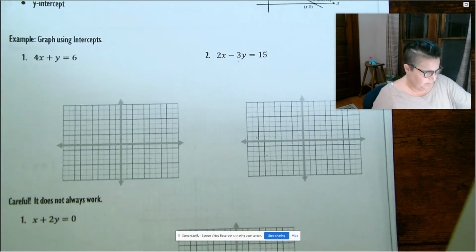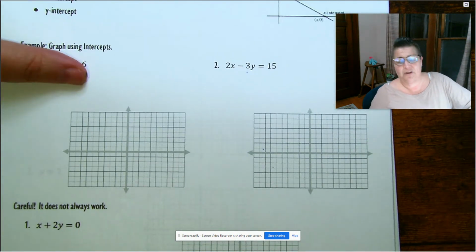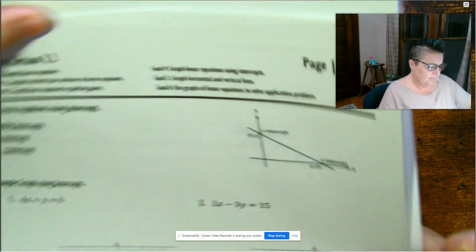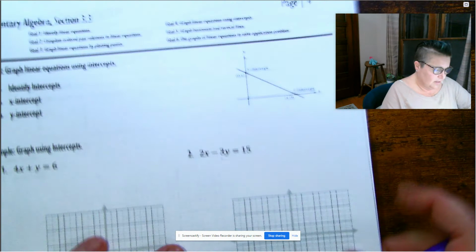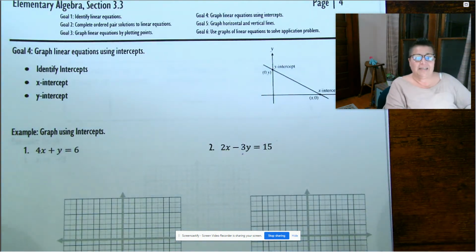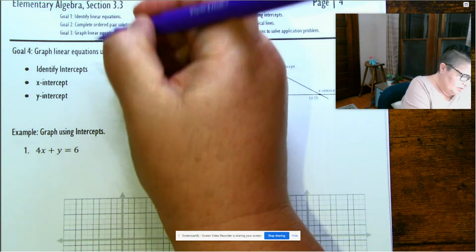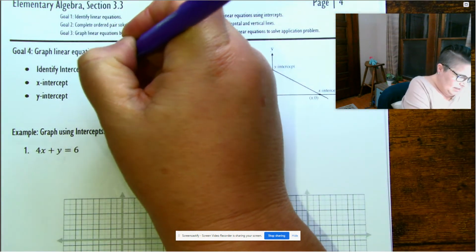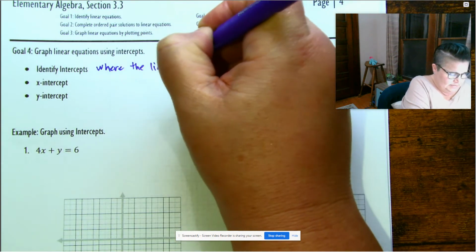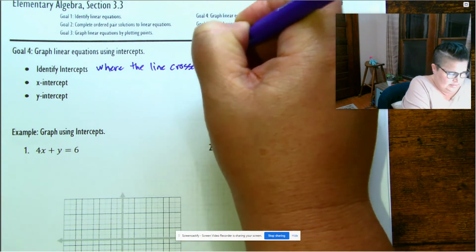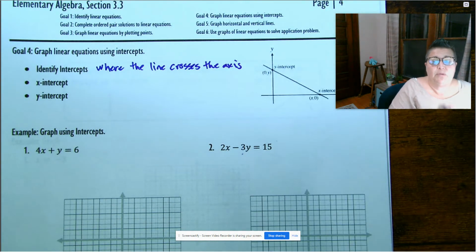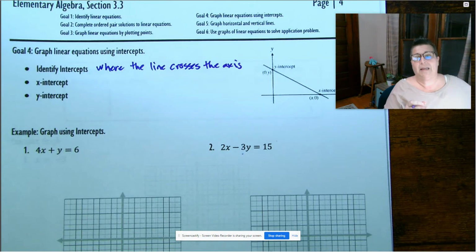Oh, intercepts. Beautiful. Intercepts are a great thing. So let's talk intercepts. So when you're graphing a line, or when a line is graphed, it has what's known as intercepts. And intercepts are where the line crosses the axis. There are two intercepts. There is both the x-intercept and the y-intercept.